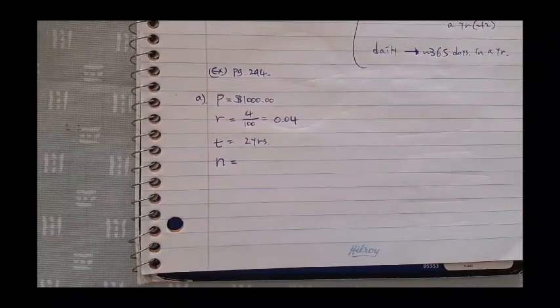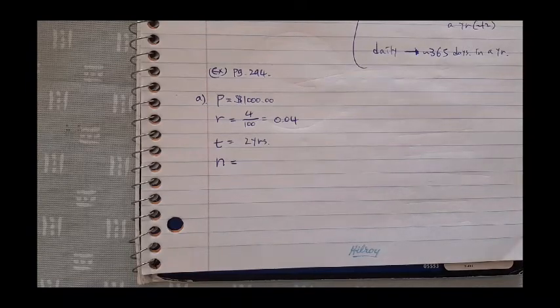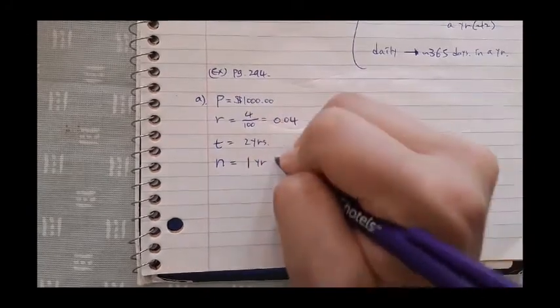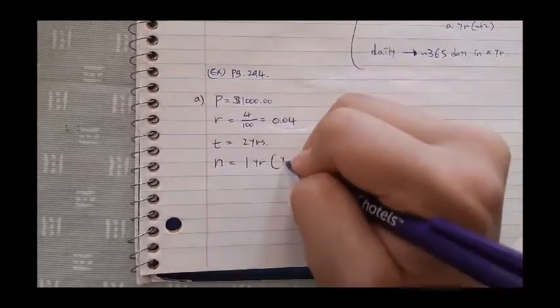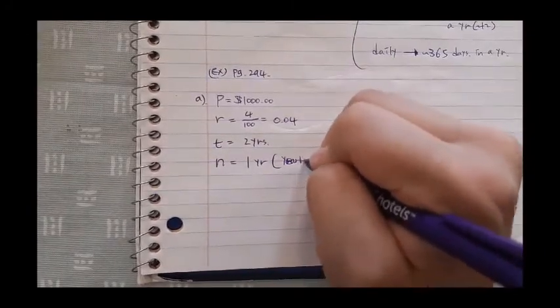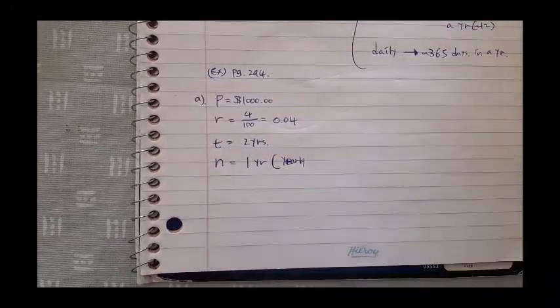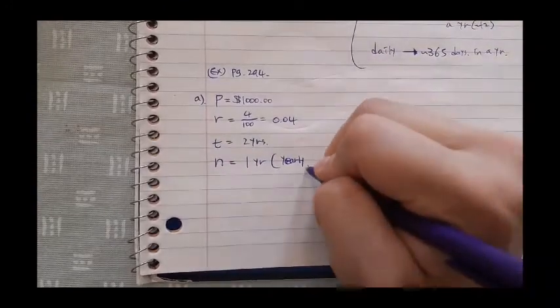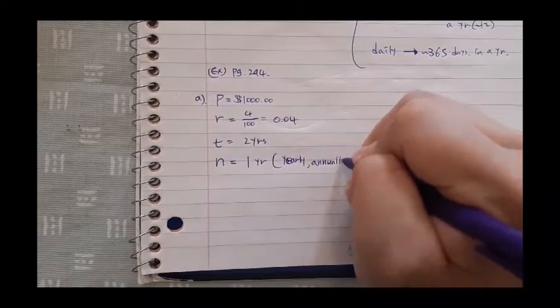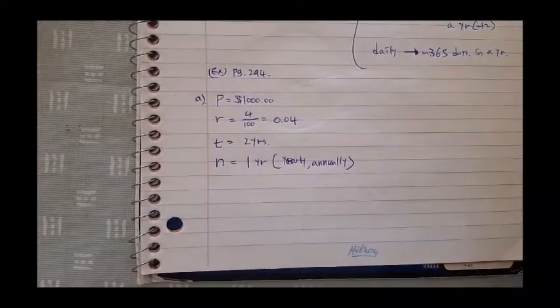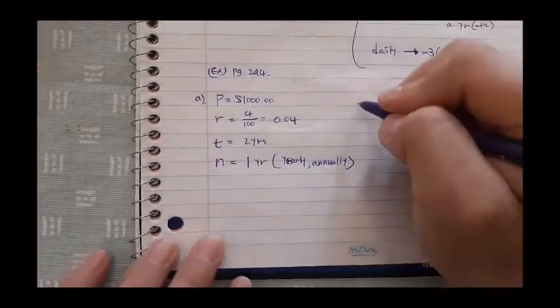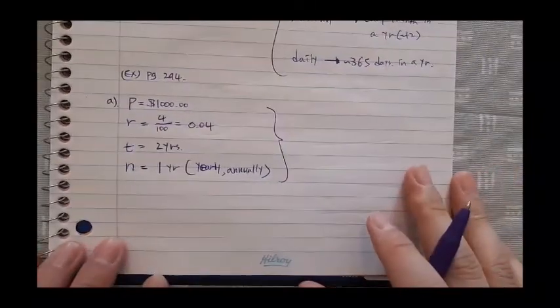Although the question doesn't necessarily say quarterly or monthly, it says annum, which means yearly. So N is 1 year because of the word annually. So we have all of these clues given.